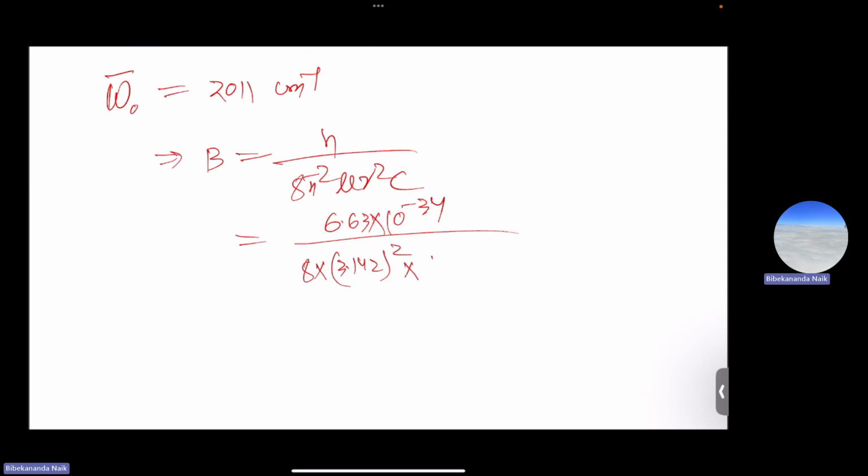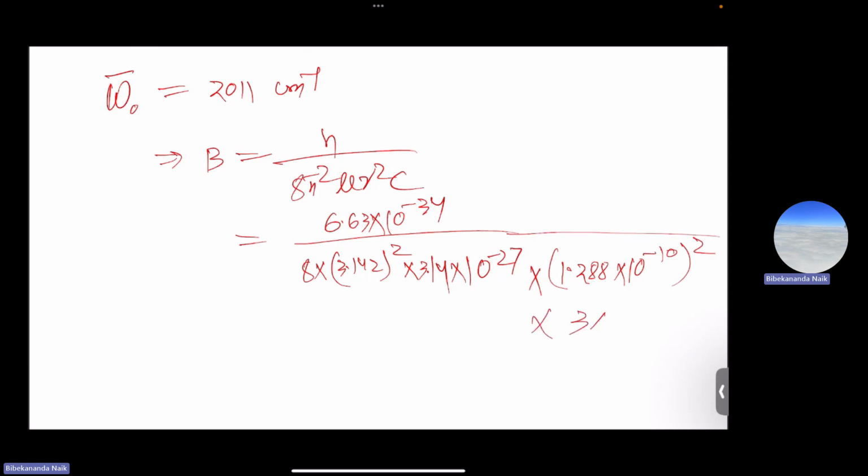Then mu, the reduced mass, is also given, 3.14 into 10 to the power minus 27 kg. The bond length is again given, it is 1.22 Angstrom, so it is 1.288 into 10 to the power minus 10 Angstrom, r square.